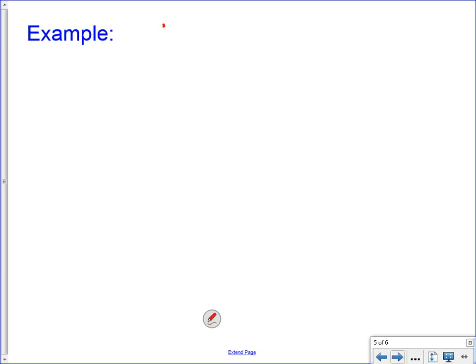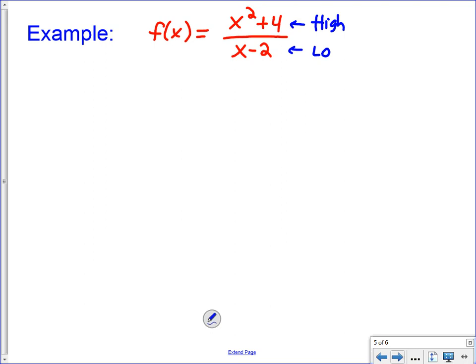Okay, so let's look at an example of a quotient rule. So let's say that f of x is equal to x squared plus 4 over x minus 2. Okay? So this is high, this is low. Okay, so to find our derivative, f prime of x, you start with low, because it's low d high minus high d low all over low squared.